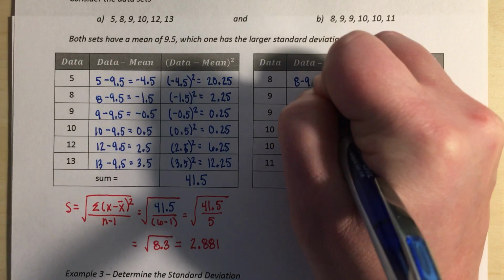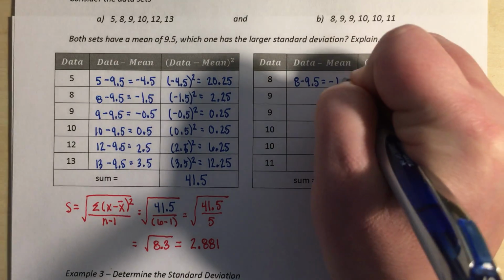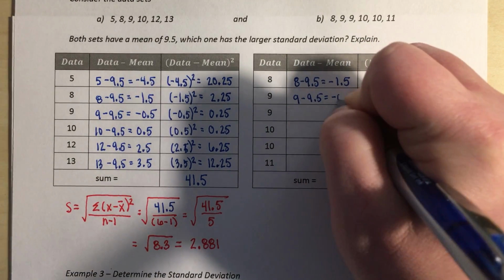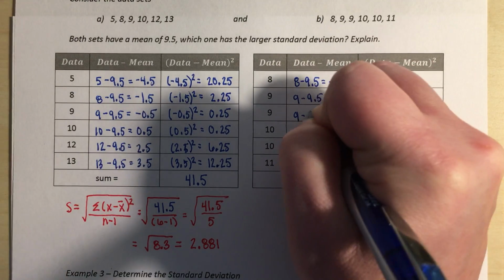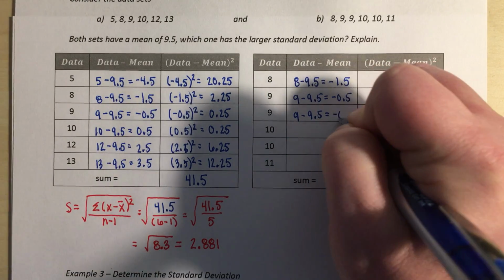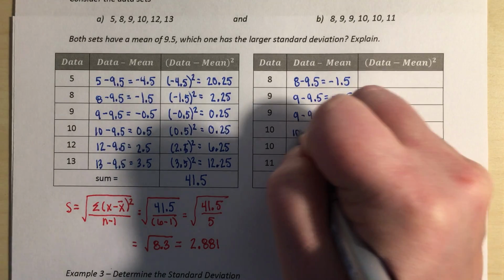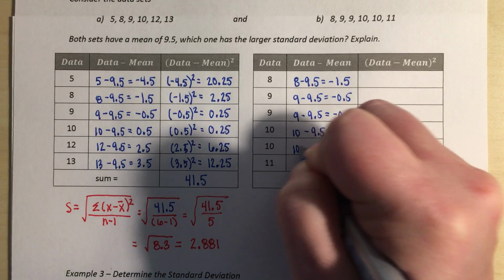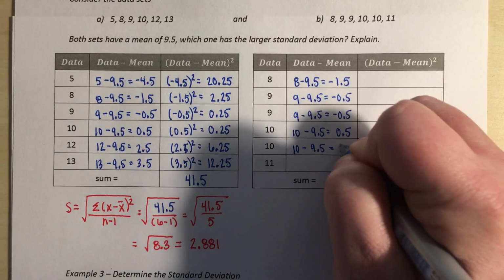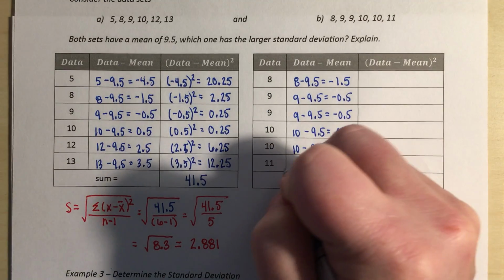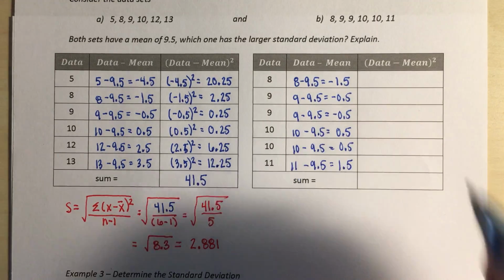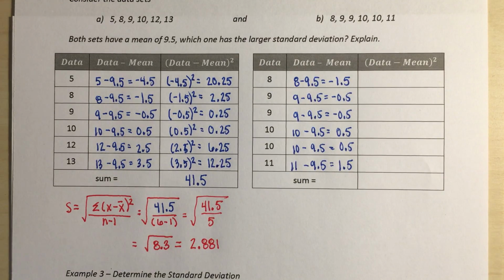So 8 minus 9.5 is negative 1.5. 9 minus 9.5 is negative 0.5. 9 minus 9.5 is negative 0.5. 10 minus 9.5 is positive 0.5. 10 minus 9.5 is positive 0.5. 11 minus 9.5 is positive 1.5. So again, our middle column could be positive or negative depending on our values.